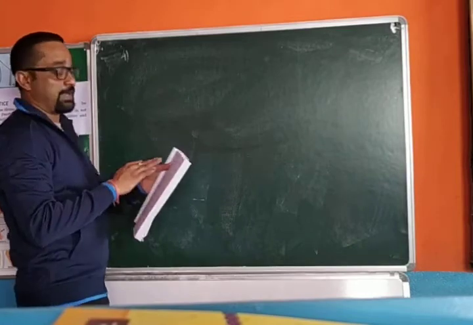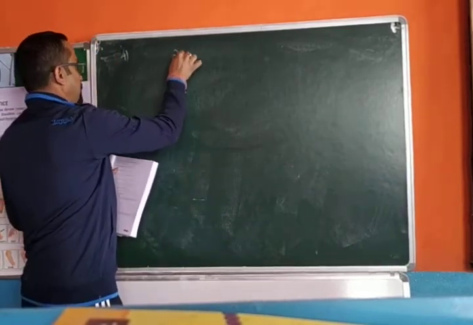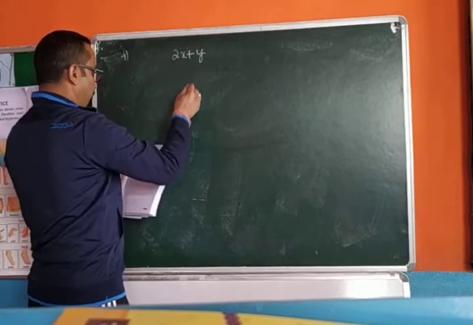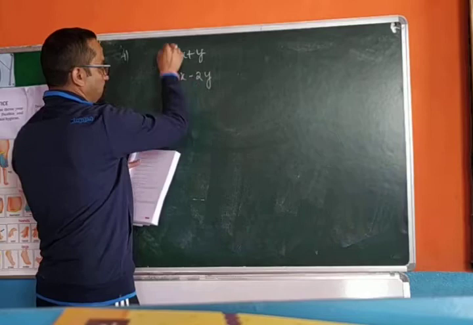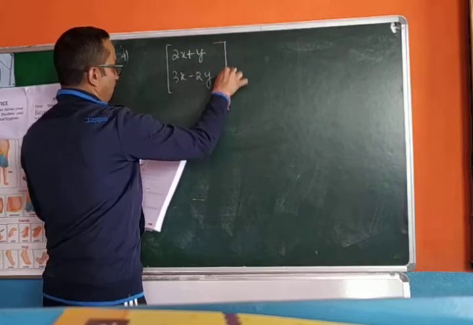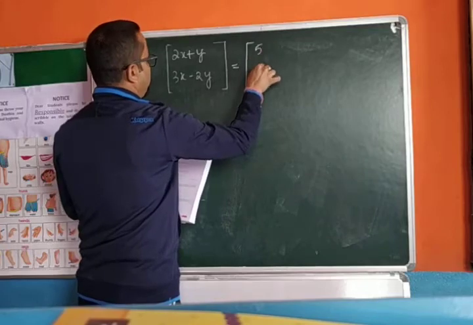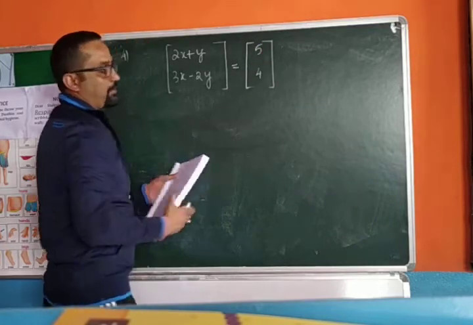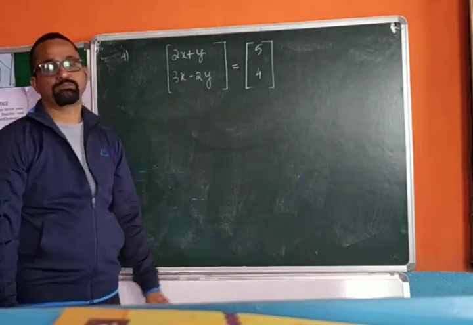The question says: find the values of x and y if the matrix 2x plus y, 3x minus 2y is equal to 5, 4.